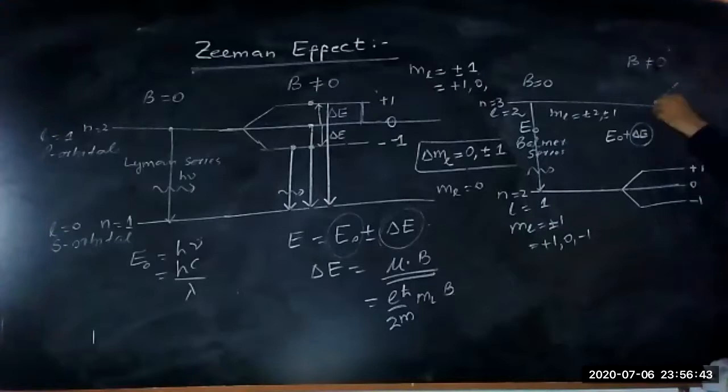So this level is split out into 5 levels: minus 2, minus 1, 0, plus 1, plus 2.